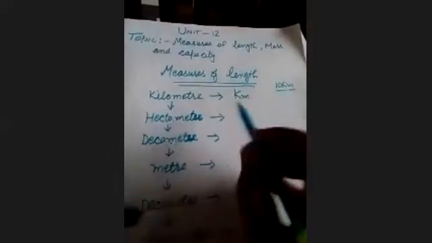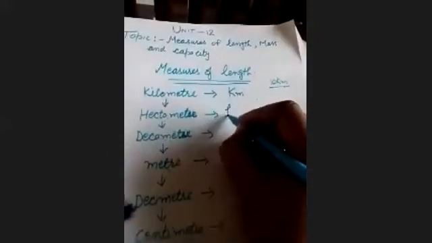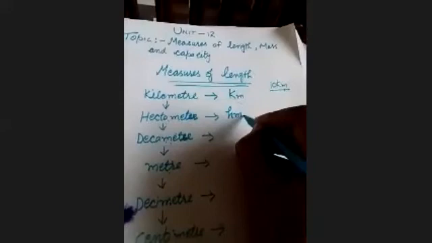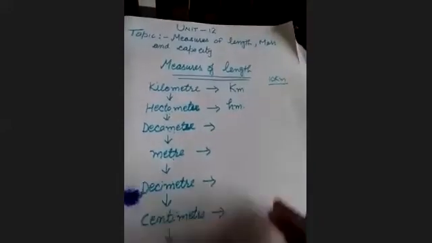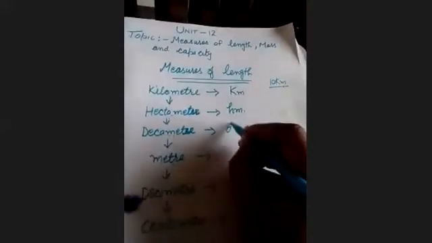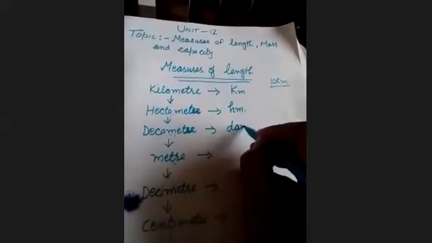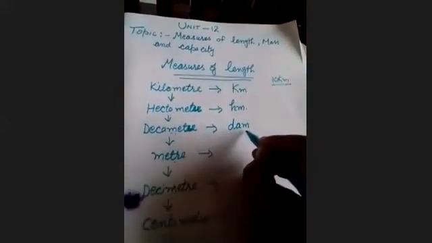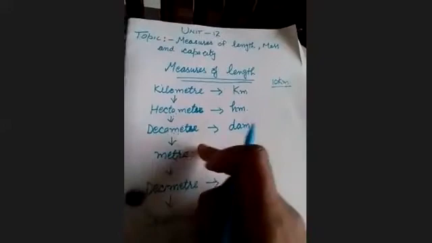Hectometer, hm. Decameter, dam. Short form of decameter.